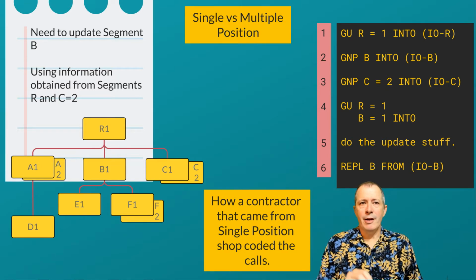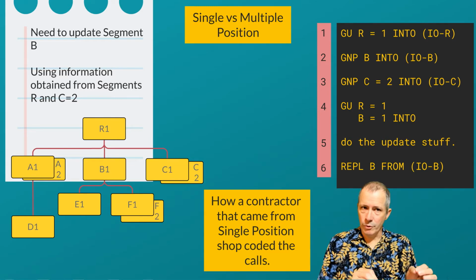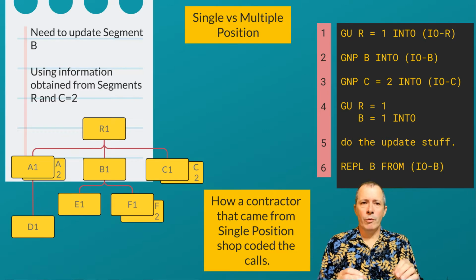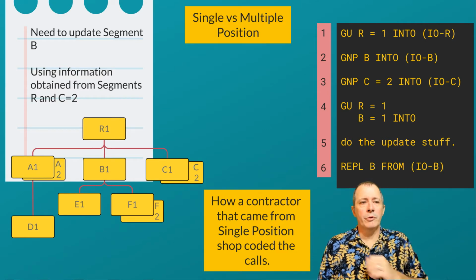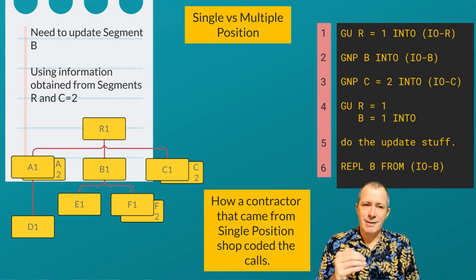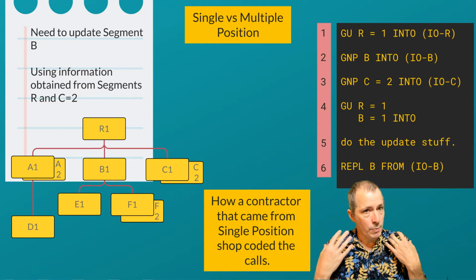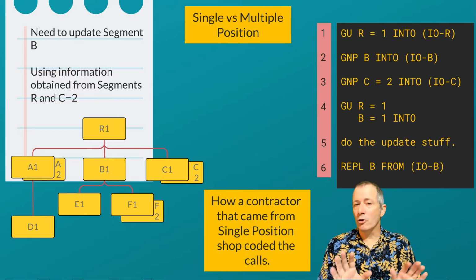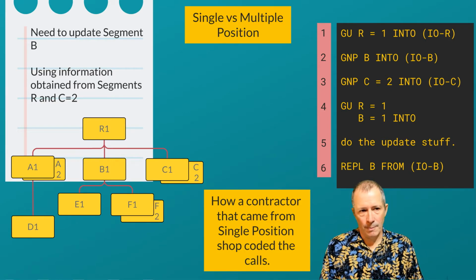That shop standard was to use get unique or get next to read the root, followed by reading the required segments in the database order using get next within parent, followed by get unique calls to do the update. And I'm assuming that this was to handle single positioning issues in that shop.